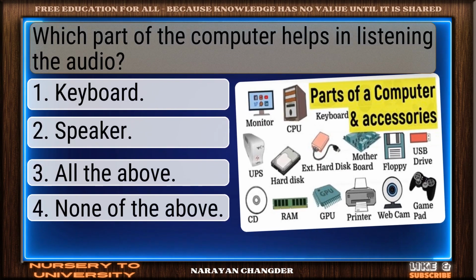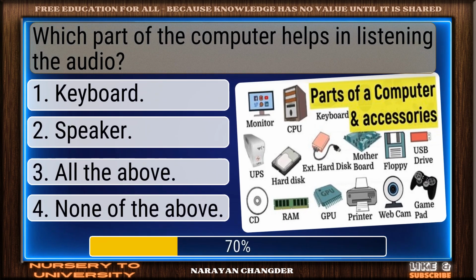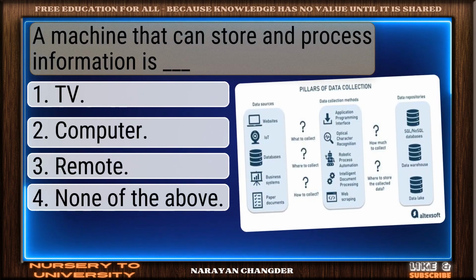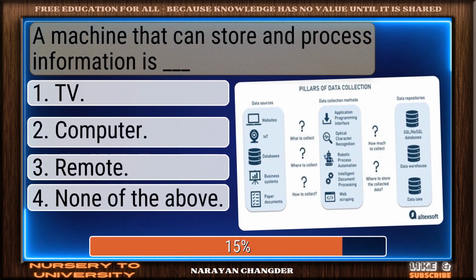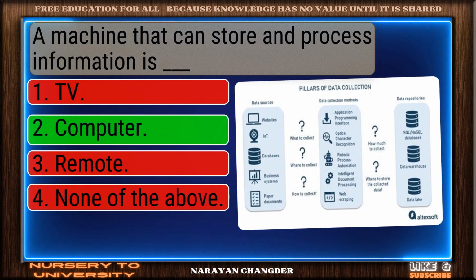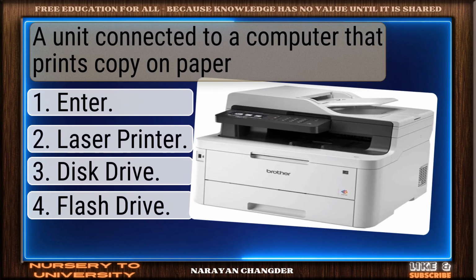Which part of the computer helps in listening the audio? Correct. Speaker is the right answer. A machine that can store and process information is dash. Exactly. Computer makes sense.